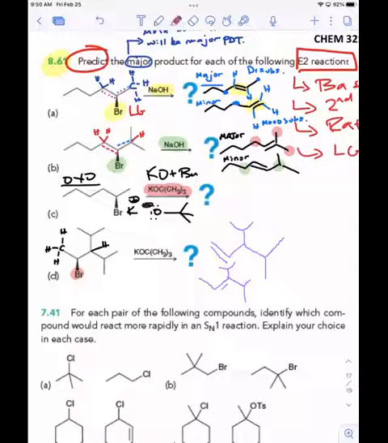I can't see it on my screen. No, wrong. So that's 1. That's what an alkene is. So it has 1, 2, 3 carbons attached.